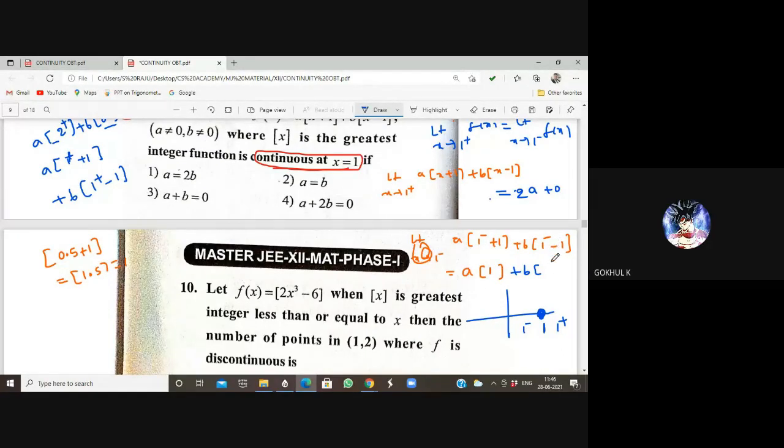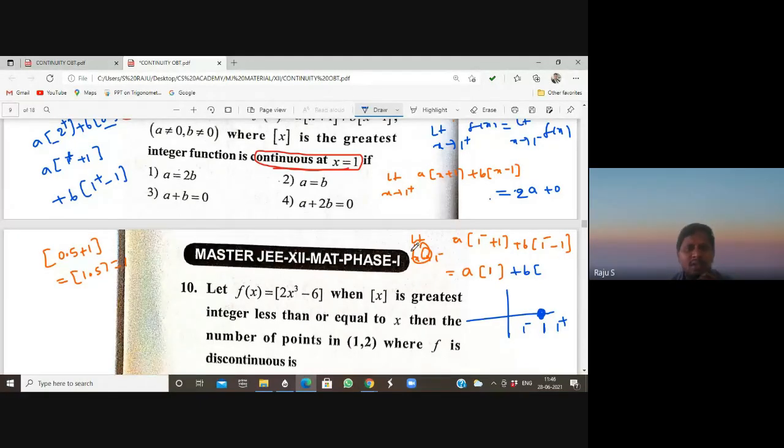Minus 1. Like you can take 0.5; 0.5 minus 1 means we are going to get minus 0.5, nothing but minus 1. That's all.